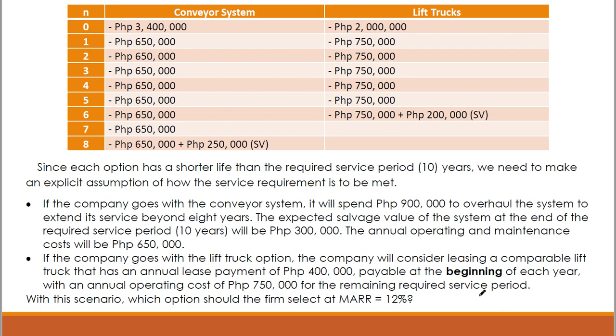That means it is an annuity due. Annuity due. With an annual operating cost of 750,000 pesos for the remaining required service period, which is 4 years for lift trucks. With this scenario, which option should the firm select at a MARR of 12%? Okay.